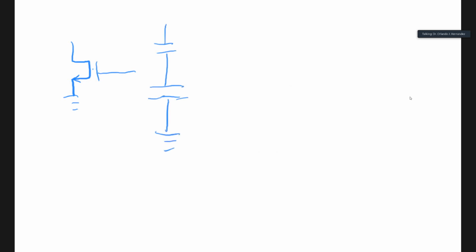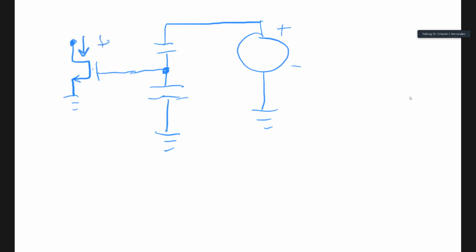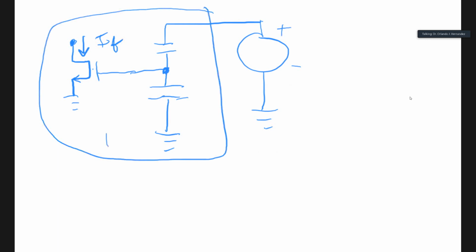So here's the output, which we're going to model as a voltage source, and we had a current which was a feedback current. So this is the junction point, and we're coupling that current with the input current as a summing junction. So the current here is the feedback signal, because this is your beta network.